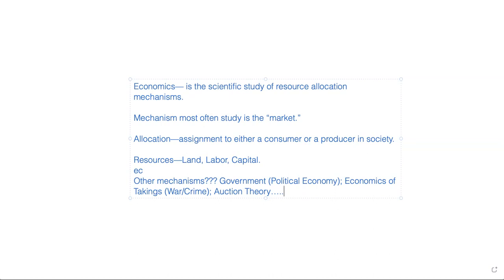So a lot of times you'll hear that the government's interfering with the market, and that can have undesirable consequences for the functioning of the mechanism and for society more generally. So that's the thing we want to get our hands around.